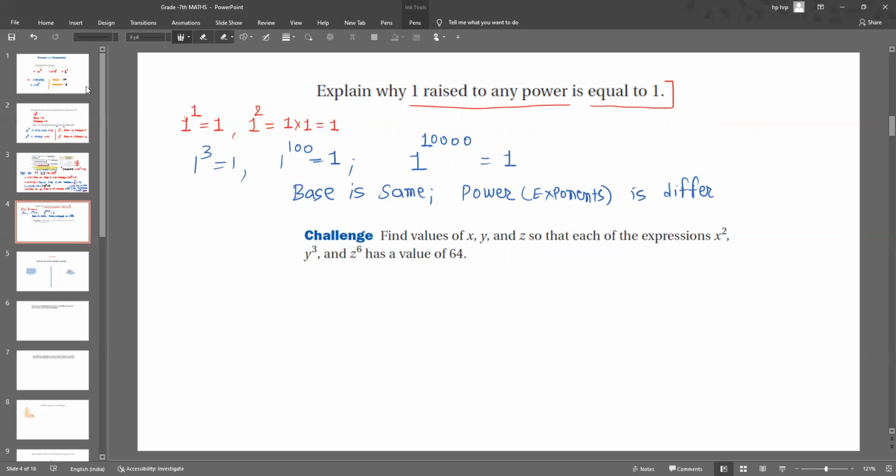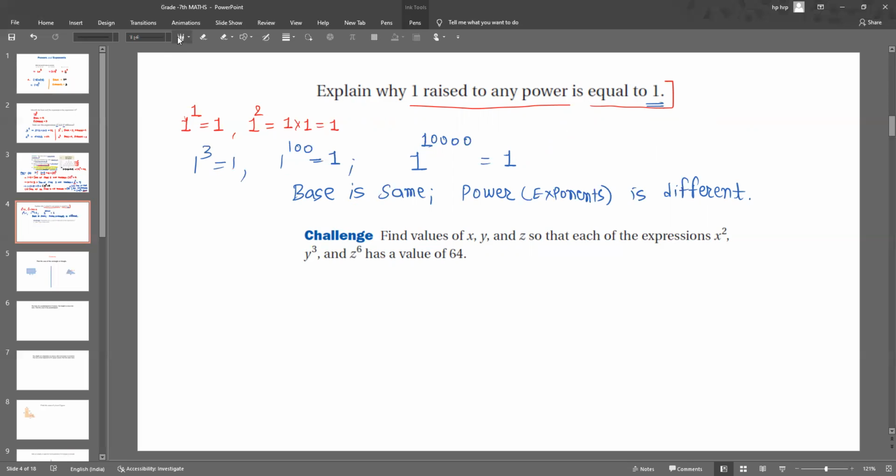Understand? That is the reason. If we take 1 raised to any value, 1 raised to 1 lakh, 2 lakh, 5 lakh, a million, a billion, we have the same answer, that is 1.